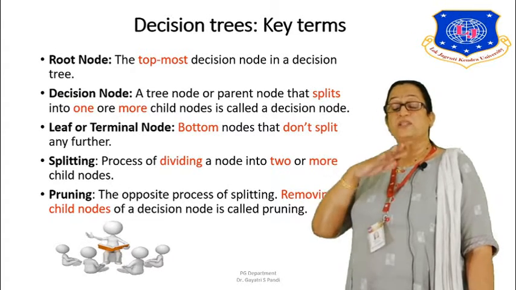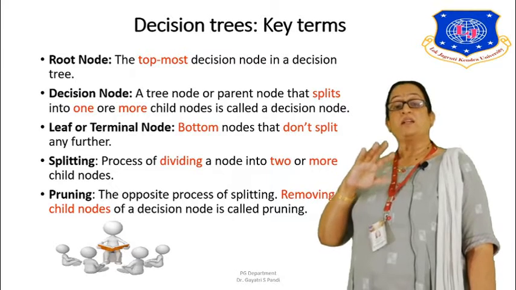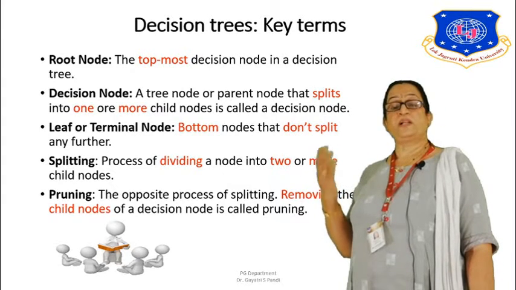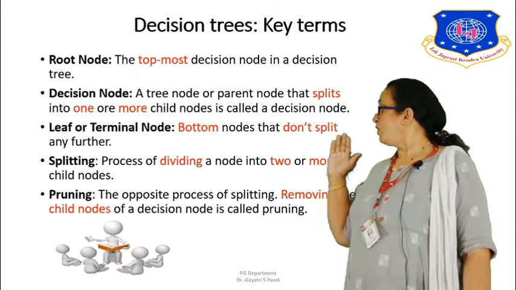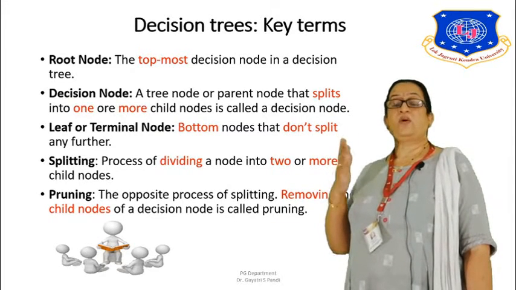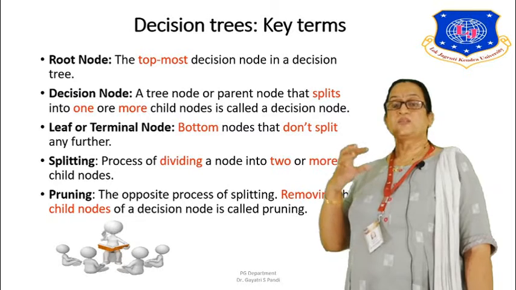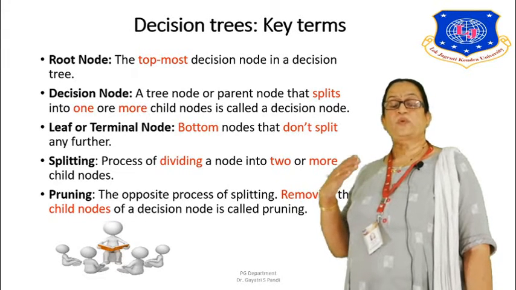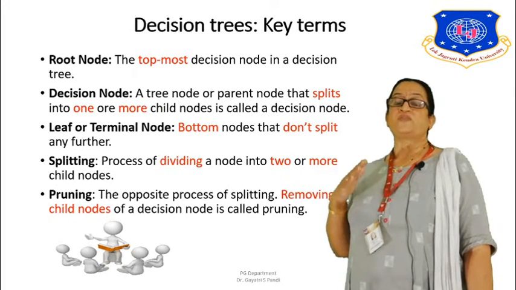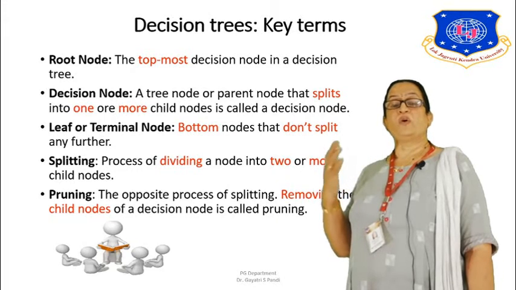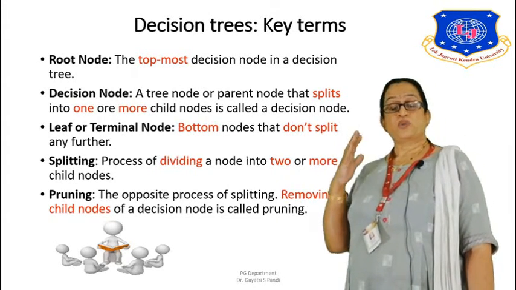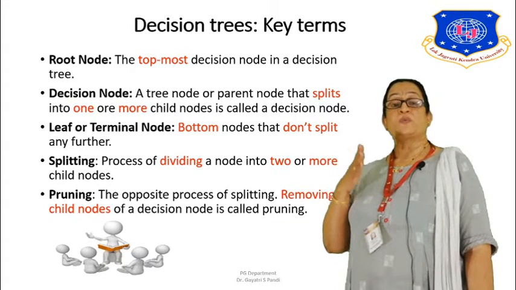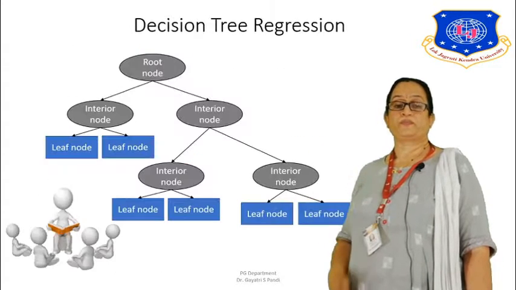These are the last nodes, that's why they are also termed as terminal nodes. And then you have splitting, this is basically a process of dividing the node into two or more branches, or child nodes. Branches will be having the child nodes. And then pruning, this is the opposite process of splitting, where you basically remove certain child nodes of the decision, and so it is called pruning because it is pruning the child nodes.